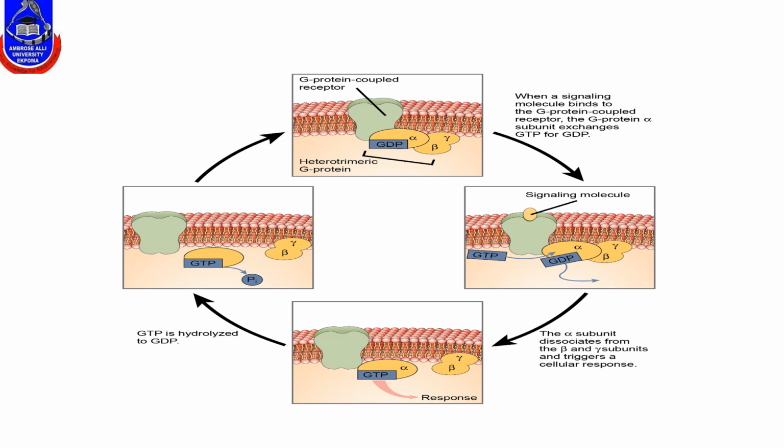Now, upon the receipt of the signal molecule, the protein is activated, thereby allowing the GDP that is attached to the alpha subunit to exchange for GTP.